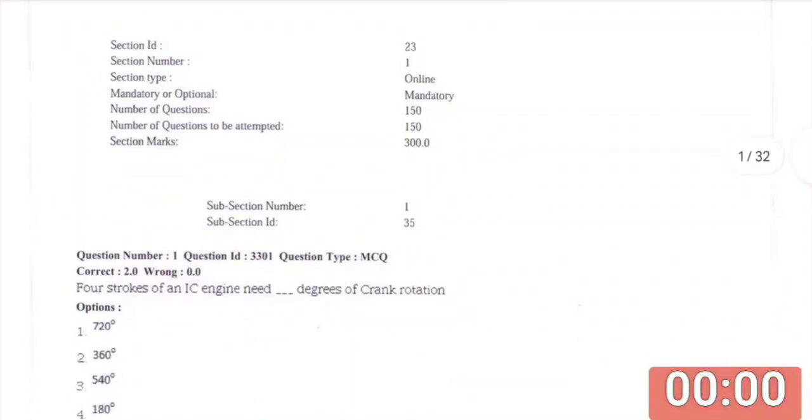Question number 1. Four strokes of an IC engine need dash dash degrees of crank rotation.